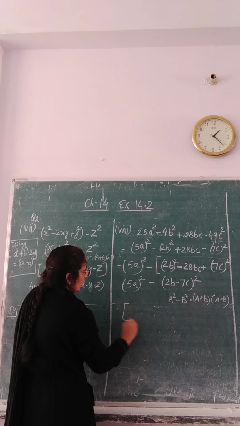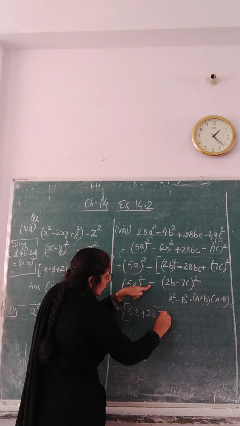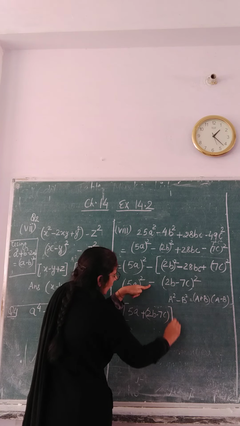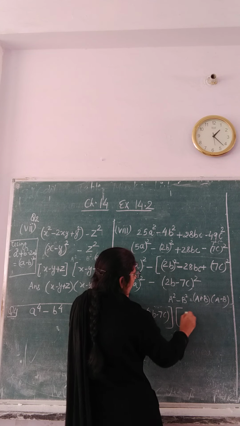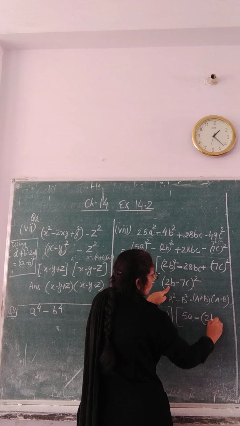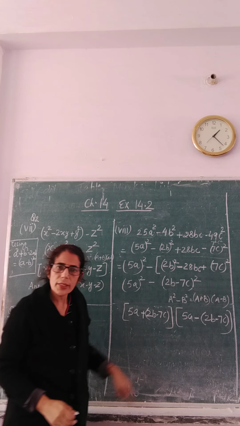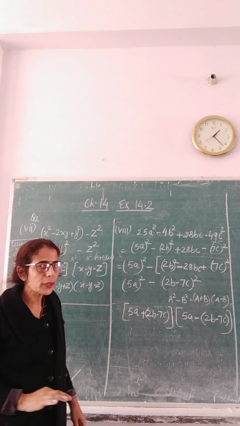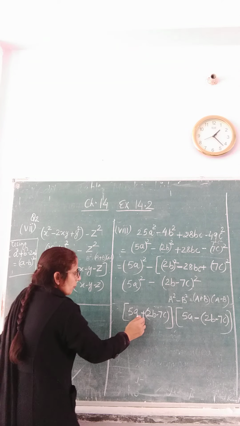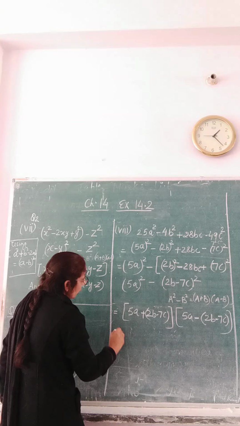So 5a plus 2b minus 7c, and we will have to open the brackets. The plus sign is outside the bracket, so there will be no sign change.